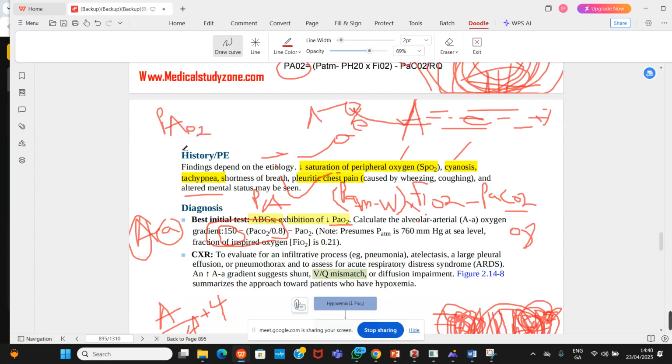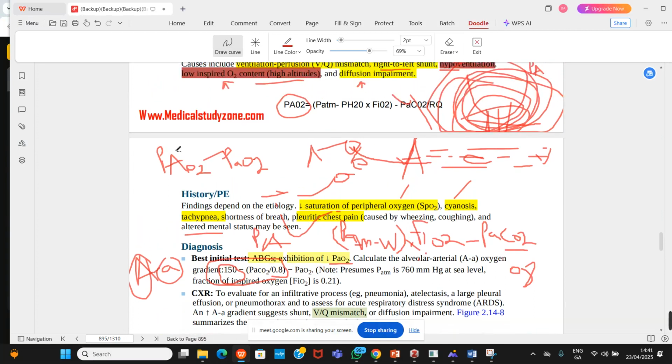The difference between the P big A O2 and the P small a O2 is what we call the AA gradient. That gradient can give us an idea of the likely cause of the hypoxemia. I'll just be saying capital A, small a, so that it will be easy for us. Small a is the partial pressure of oxygen in the blood; big A is the partial pressure of oxygen in the alveoli.